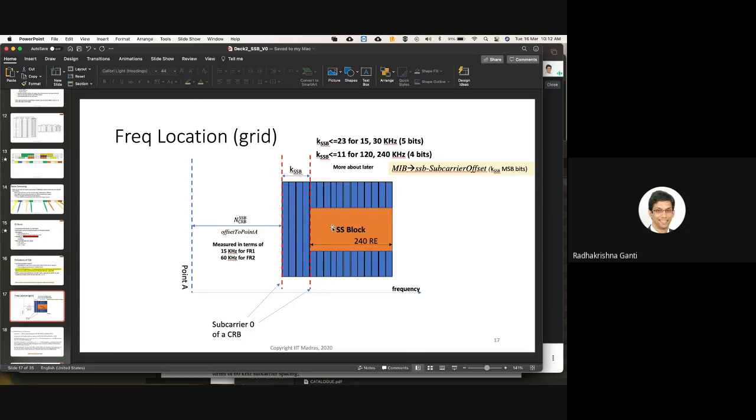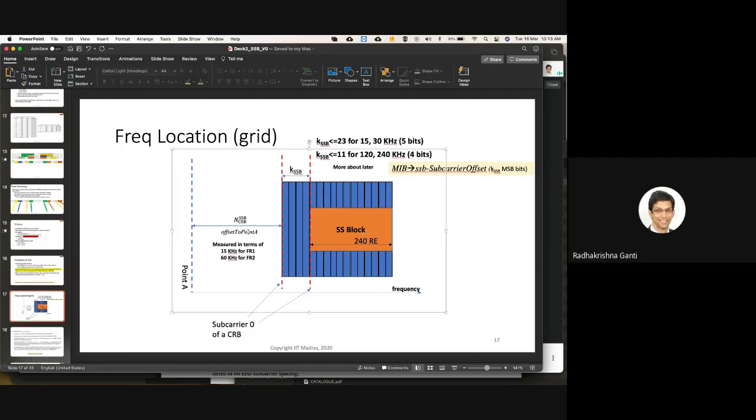And this gives you the boundary of one CRB, common resource block. From there is something called KSSB, which allows you a little bit finer granularity to place your SS block. So given the location of NSSB, CRB and KSSB, you will be able to find the relation of SS block with respect to point A. So point A plus offset to point A plus KSSB is the SS block.